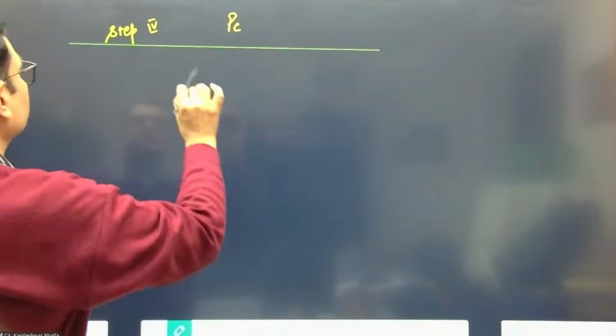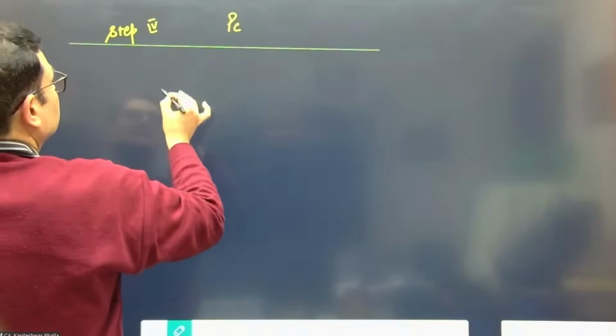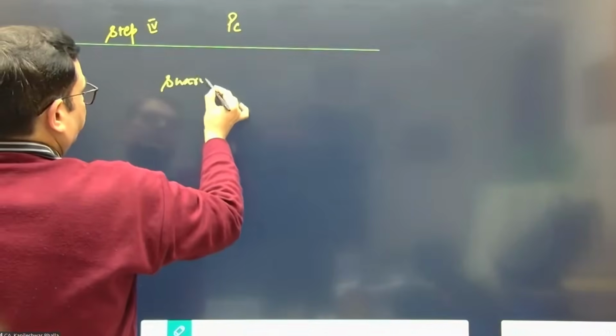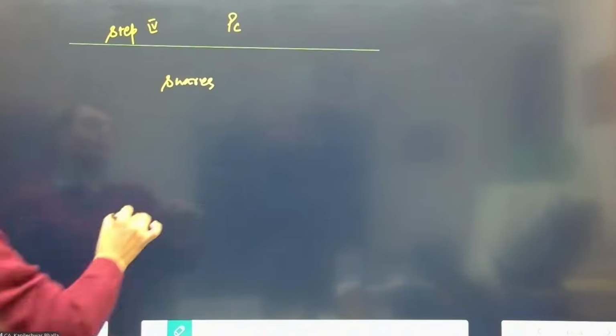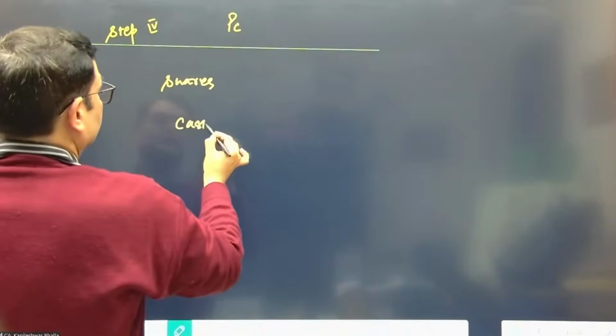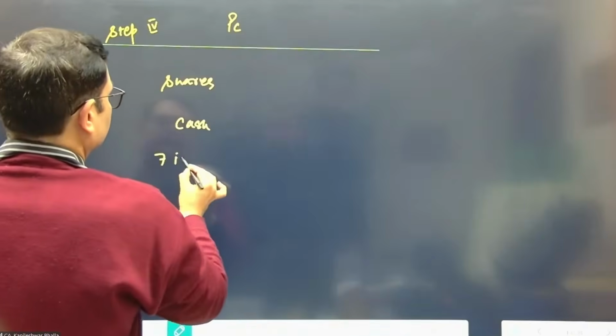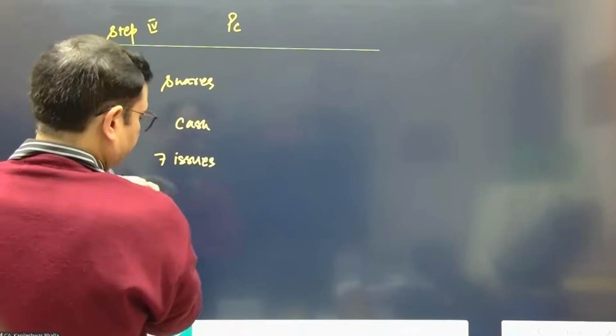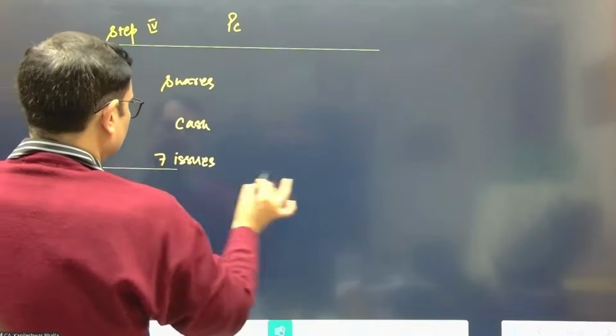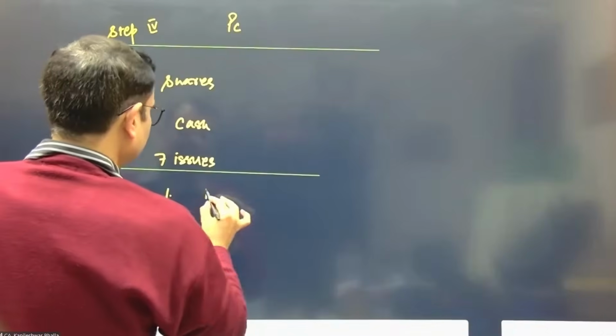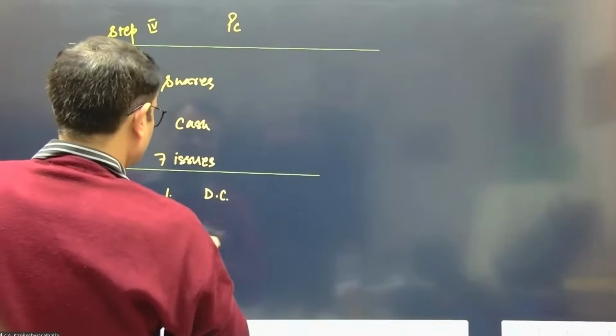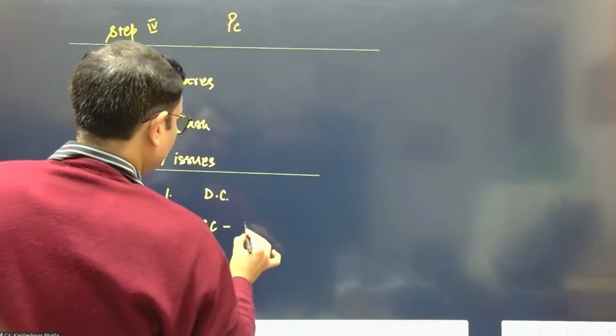So let me first of all consider the PC is in the form of shares. Generally it is in the form of shares, and I think there is also some cash. Then we can consider the list of 7 issues just to keep track. So the 7 issues are number 1, DC. Number 2, CCS.